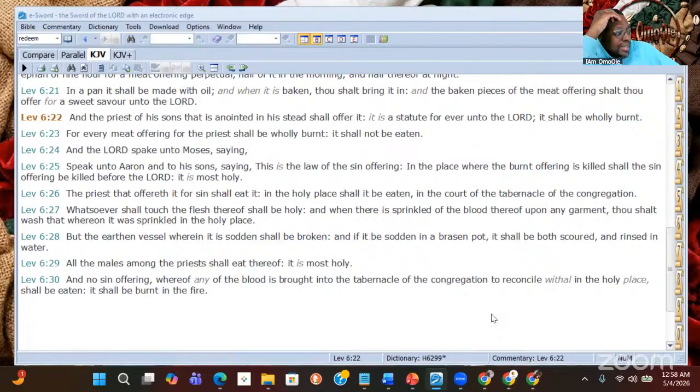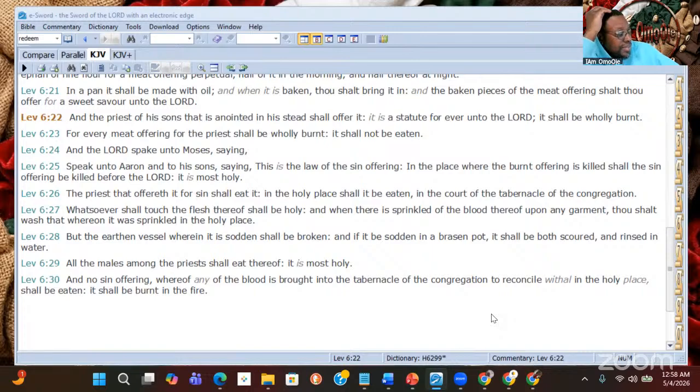And if it be sodden in a brazen pot, it shall be scoured, basically scrubbed metal to metal, and rinsed in water. And the males upon the priests shall eat thereof. All the males among the priests shall eat thereof. It is most holy.